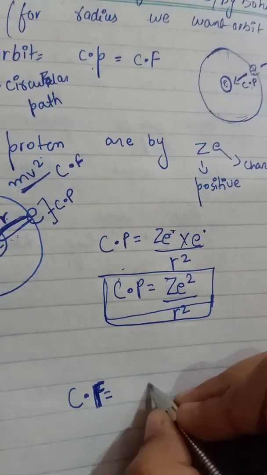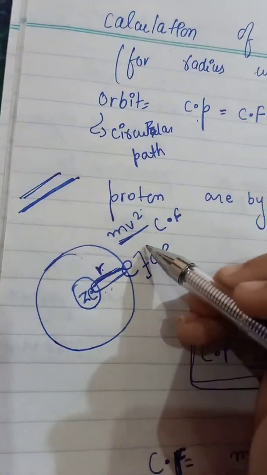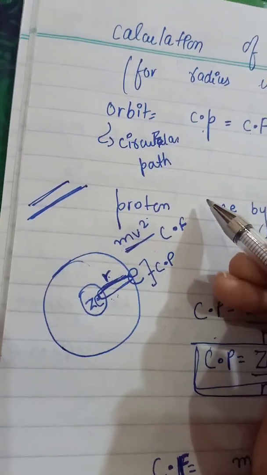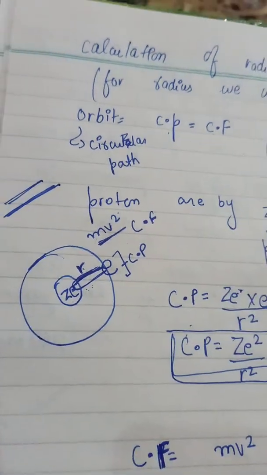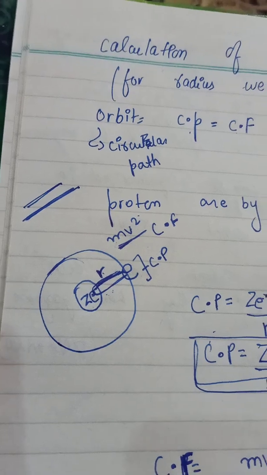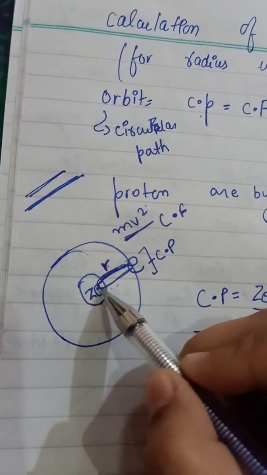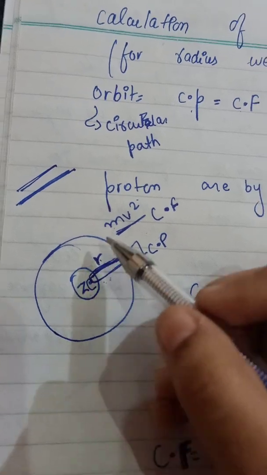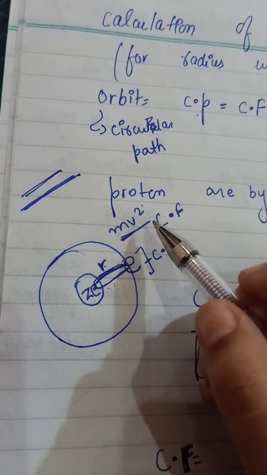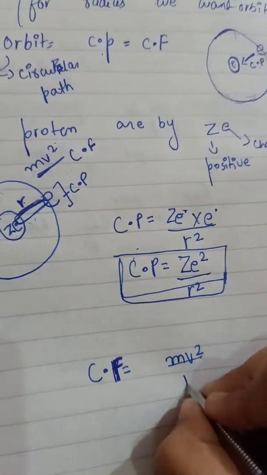Centrifugal force will be equal to mv square, and here the electron is moving in just one direction. There were not two directions, where the electron moved here and here. Here it moves in one direction, so it will be radius 1.